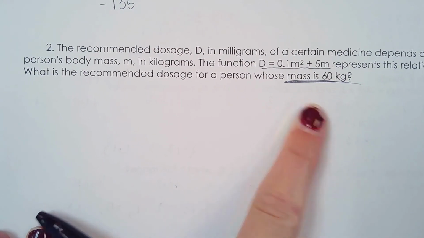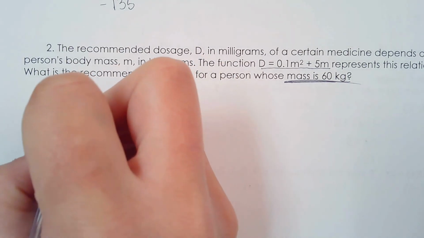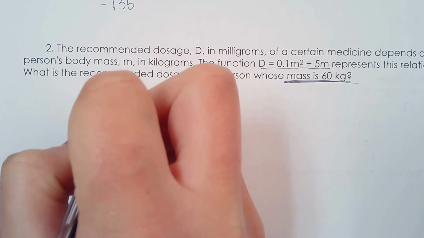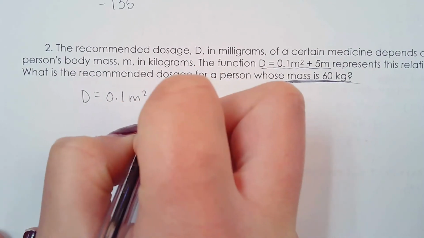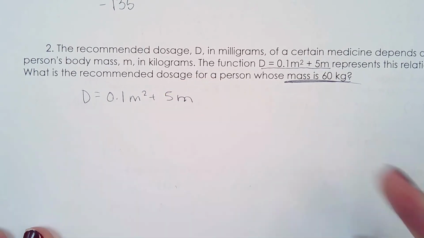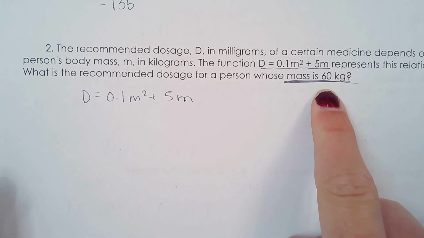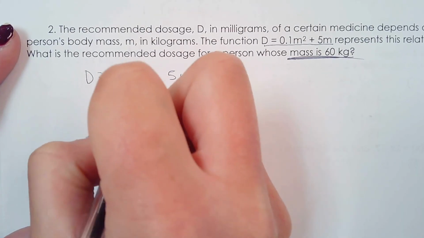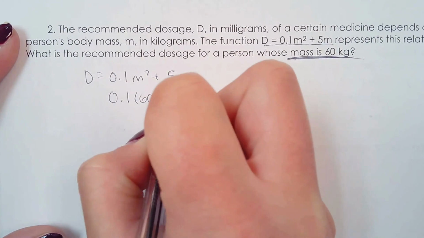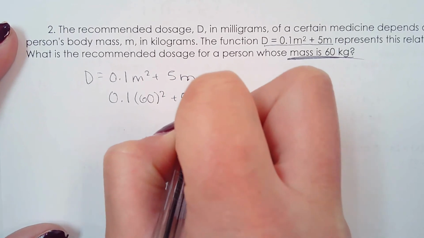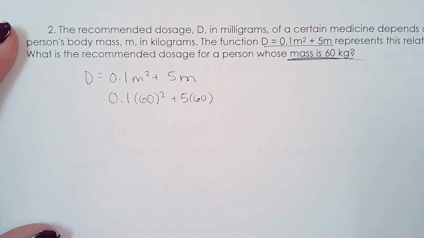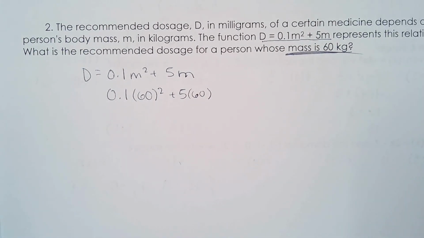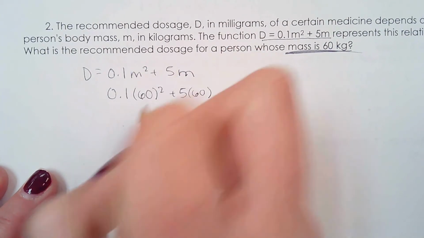So D equals 0.1 M squared plus 5M. Instead of M, what are we plugging in? 60. So 0.1 times 60 squared plus 5 times 60. You can type that straight into your calculator exactly as we have it written, parentheses and all, and that'll give you the answer you need.